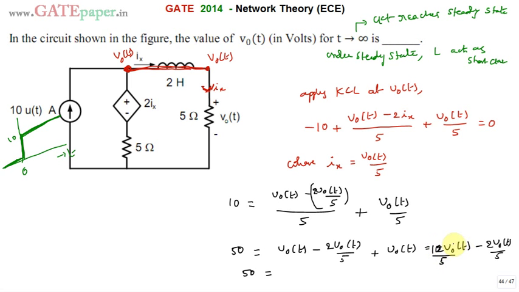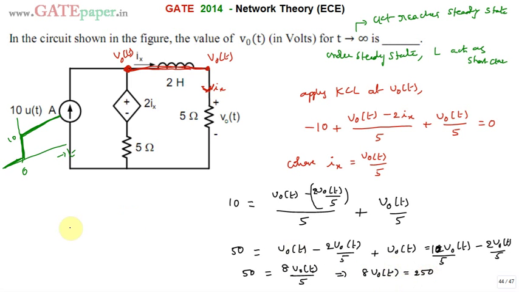So 2 V0 of t can be written as 10 times V0 of t divided by 5. 10 minus 2 is 8, so 8 V0 of t divided by 5. That is, 8 V0 of t is equal to 250.